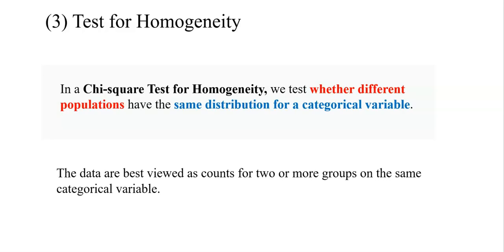Now, instead of a single population as in goodness of fit test, we have more than one population, and we check if the distribution of a categorical variable is the same, identical, homogeneous across the different populations. This is why it's called test for homogeneity. So the data can be viewed as counts for two or more groups on the same categorical variable.